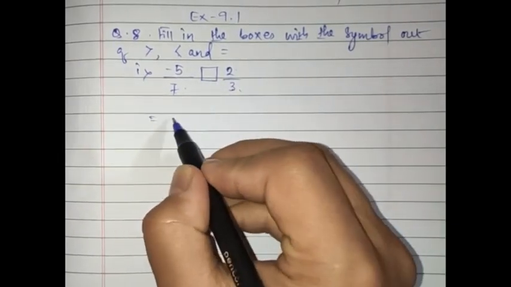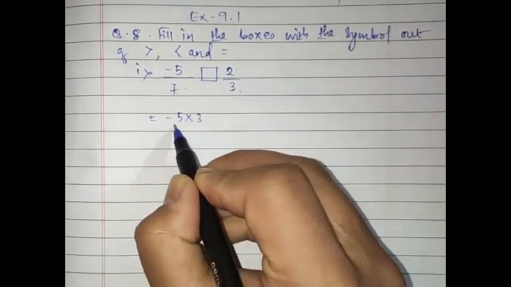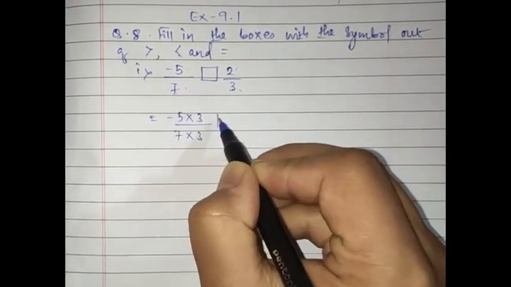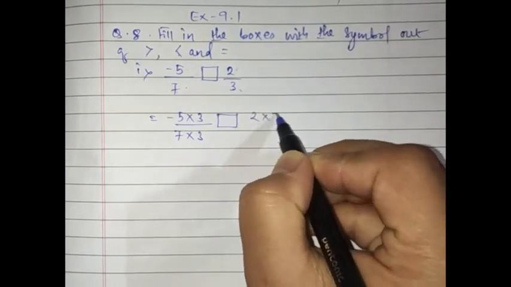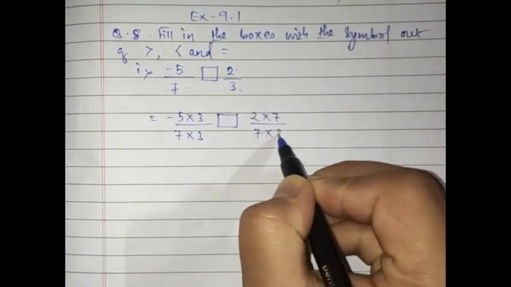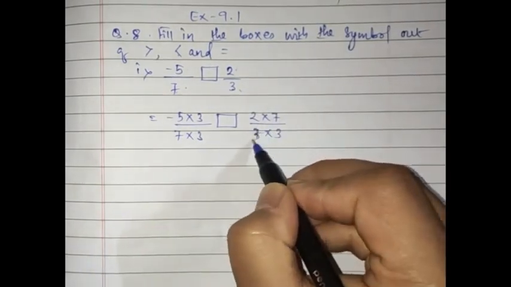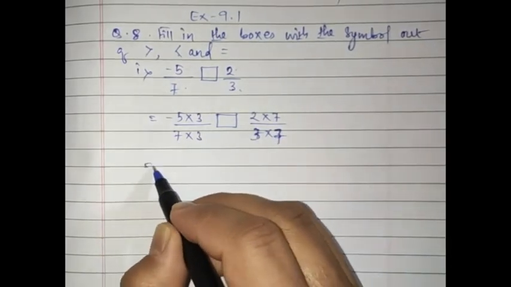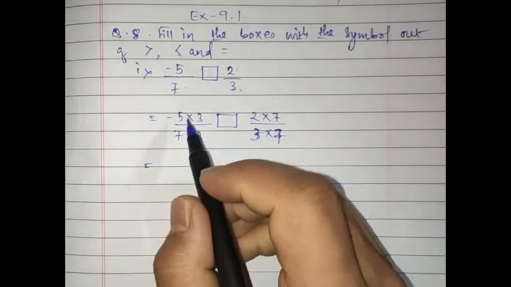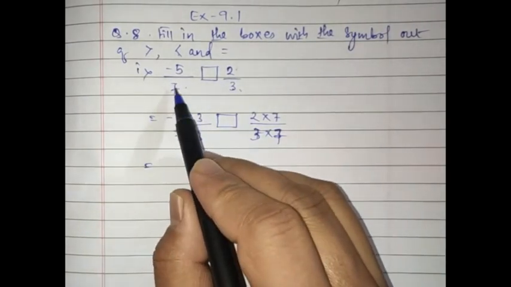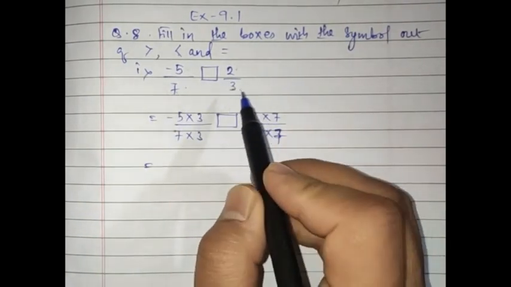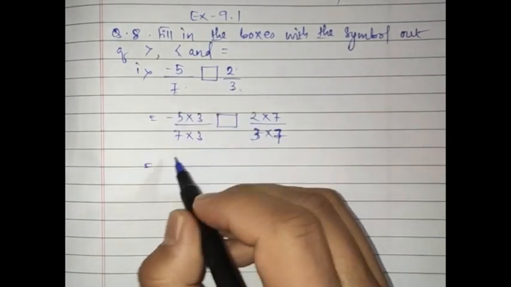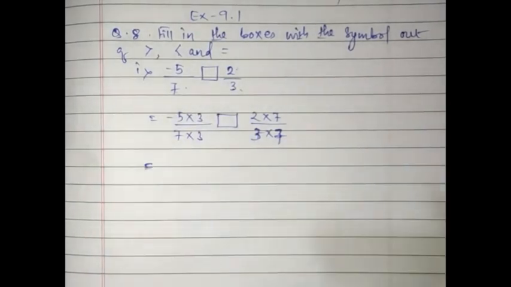So let us solve this. 5 into 3 by 7 into 3, box, 2 into 7 by 7 into 3. What we are trying to do here is make the equivalent fraction. Or you could have done the LCM also to get the equivalent fraction.